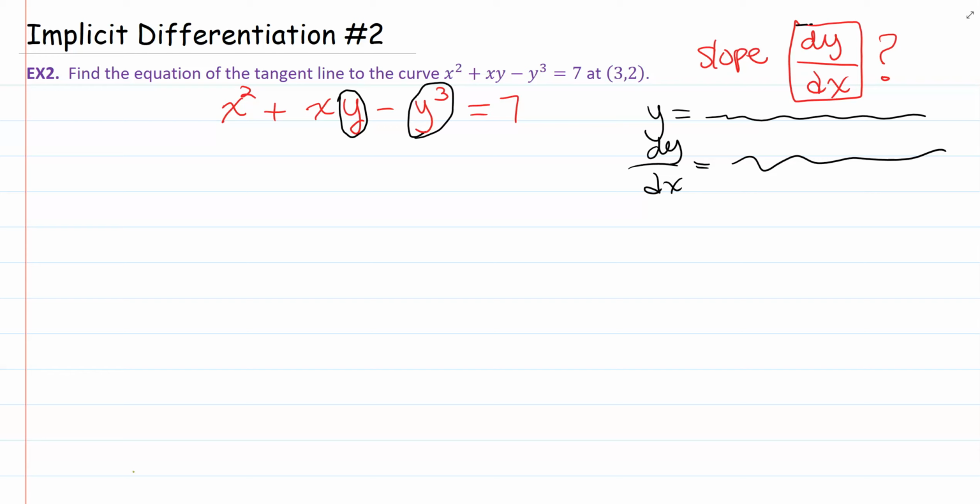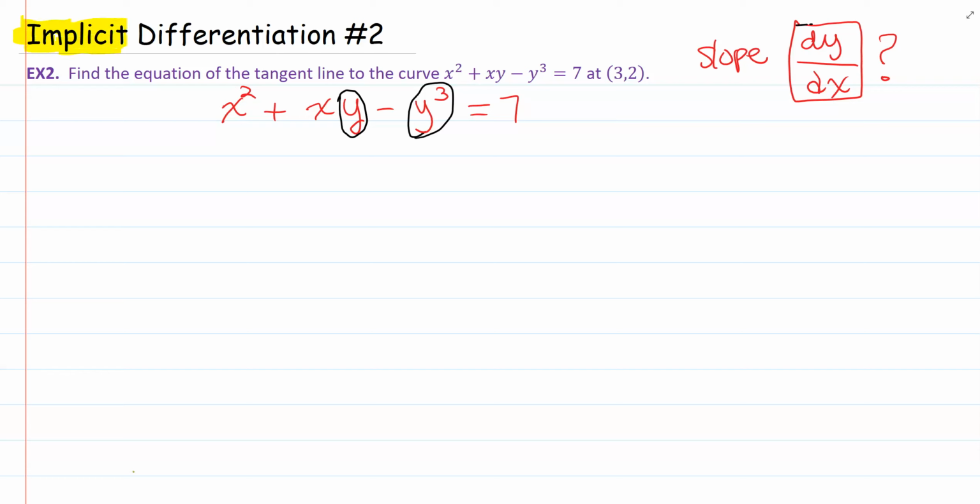So it is very hard for us to find dy/dx. So forget about the idea of solving for y to be able to take the derivative explicitly. We have to do this using implicit differentiation. And what that means is we will treat y as a function in terms of x, so that the chain rule will apply when it comes to taking the derivative that involves y.